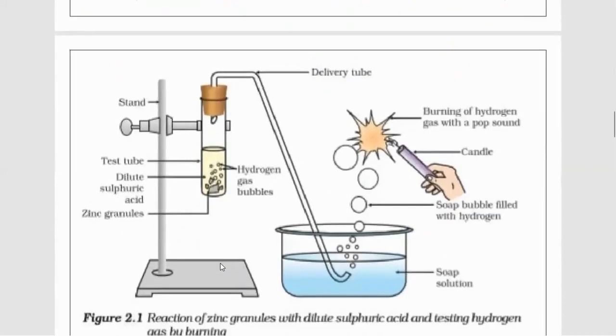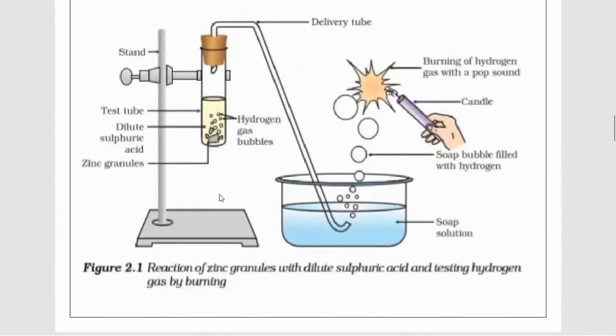Okay, there is a diagram in your textbook which shows the reaction of zinc granules with dilute sulfuric acid and testing hydrogen gas by burning. You see there is a stand where a test tube is attached to it, and the test tube contains sulfuric acid and zinc granules.